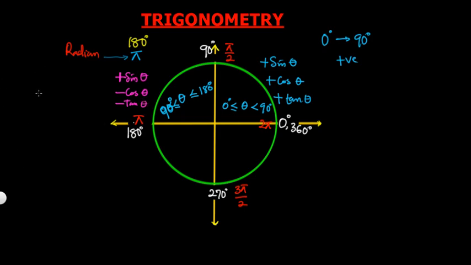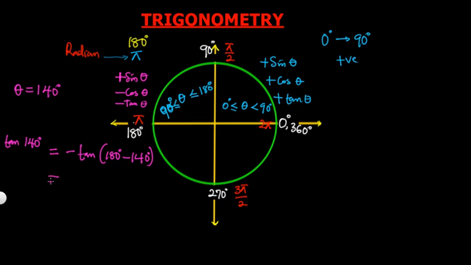So if we are given an angle, let's say theta is 140 degrees, and we are looking for tan 140 degrees, tan 140 degrees can be expressed as negative tan of 180 degrees minus 140 degrees, because 140 is in the second quadrant, so it's negative.